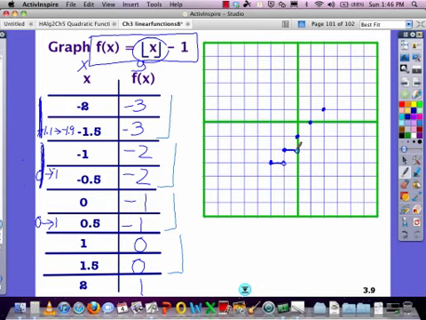Next group. We need all the values between 0 and 1. 1 is not included, so it's an open circle at 1, but all those decimals between 0 and 1. And we keep going, and once we have the pattern established, we can just keep drawing. We don't even have to look at our table at that point.